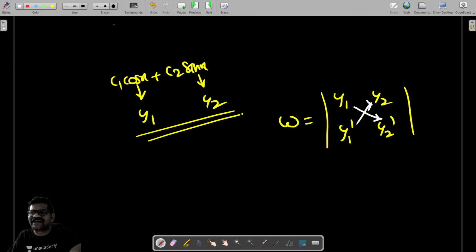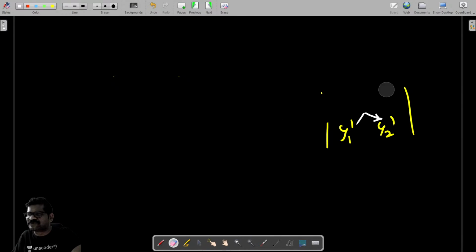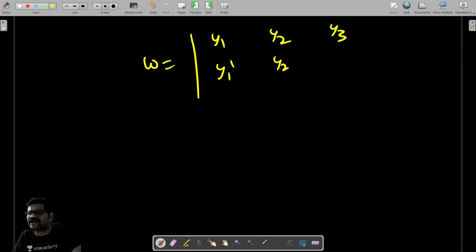But in the case of 3 cross 3, because 3 independent solutions come, compulsorily the Wronskian is a 3 cross 3 determinant. Then you have to write the first solution y1, second solution, third solution, y1 dash, y2 dash, y3 dash, y1 double dash, y2 double dash, y3 double dash.